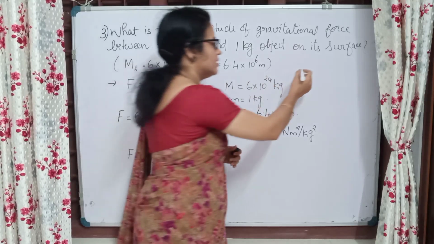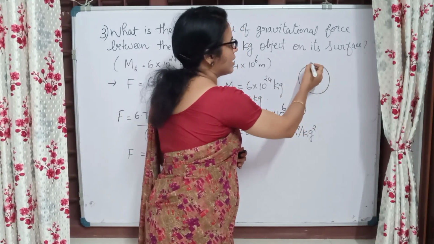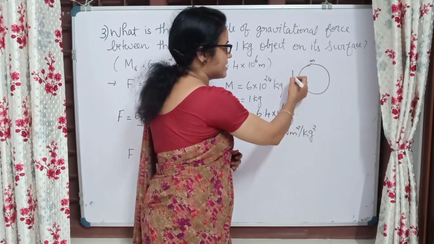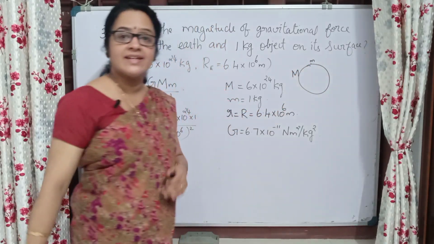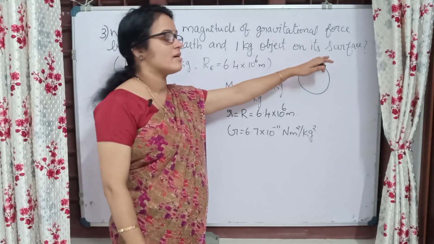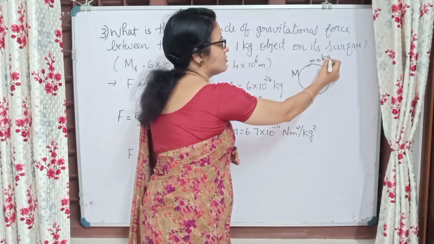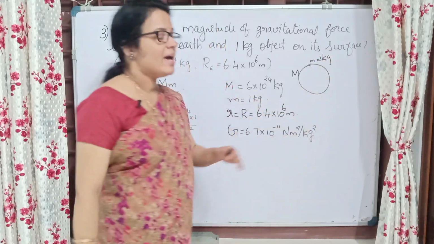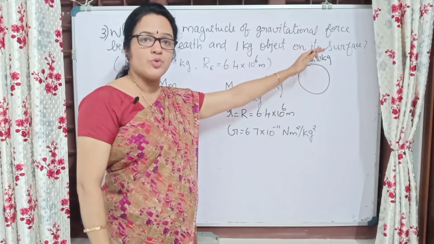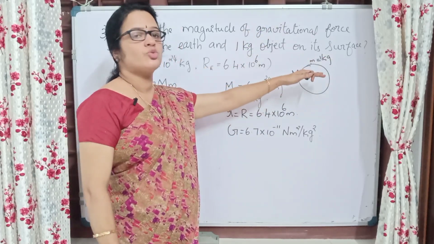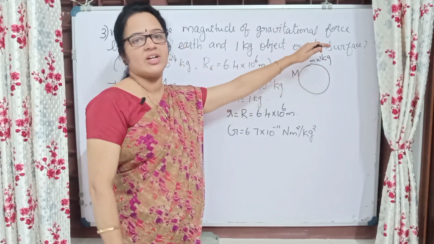So consider here we have Earth and a 1 kilogram mass, that is small letter m. Suppose the mass of Earth is capital M, and here we are taking the small letter m as the mass of an object which has 1 kilogram. Okay, so here on the surface we have kept this mass, and we have to calculate the gravitational force between these two, that is the Earth and the 1 kilogram mass.